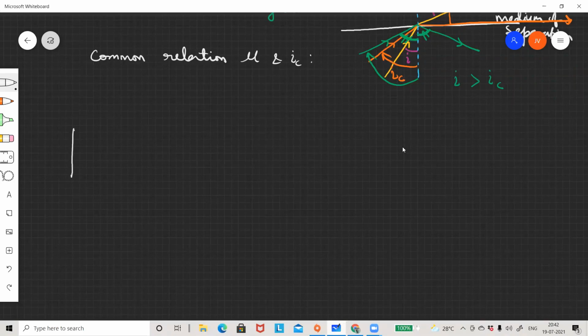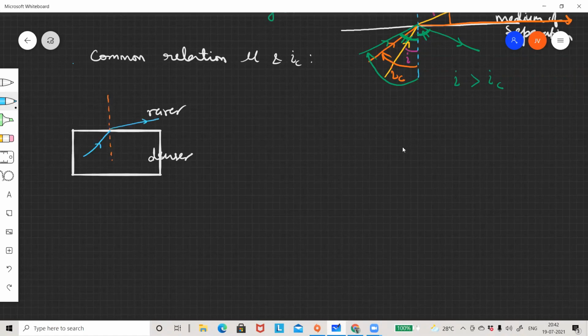So for that, say we have a denser medium and a rarer medium. I'm drawing a normal first, though actually we are not supposed to do so. Then we have the incident ray, and from denser to rarer it bends away from the normal, so the refracted ray.